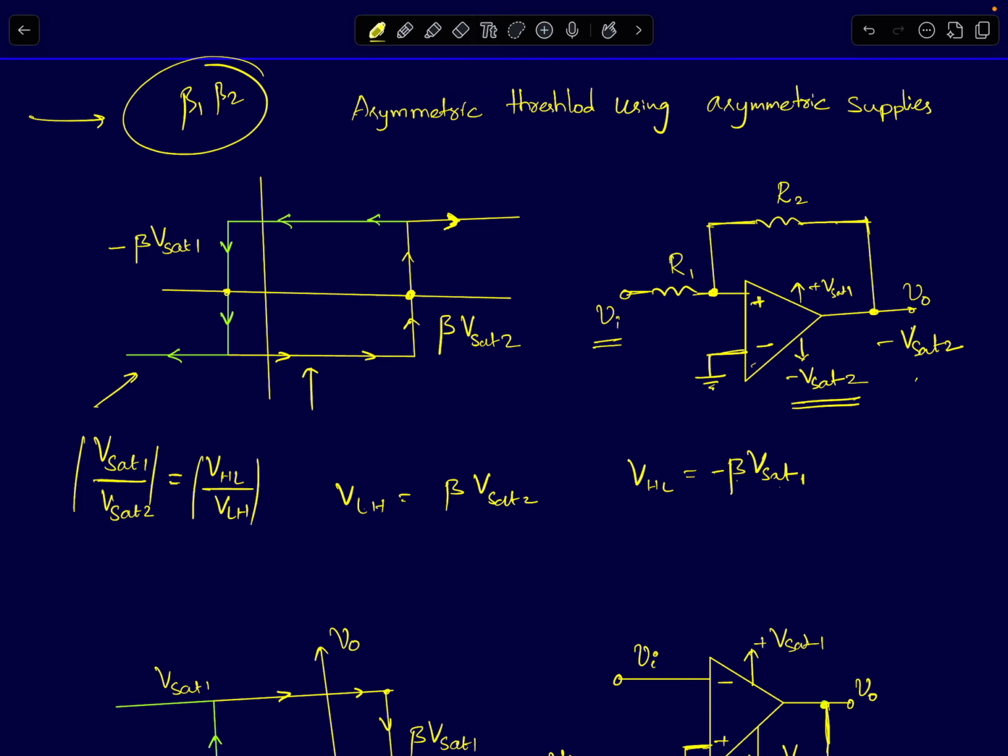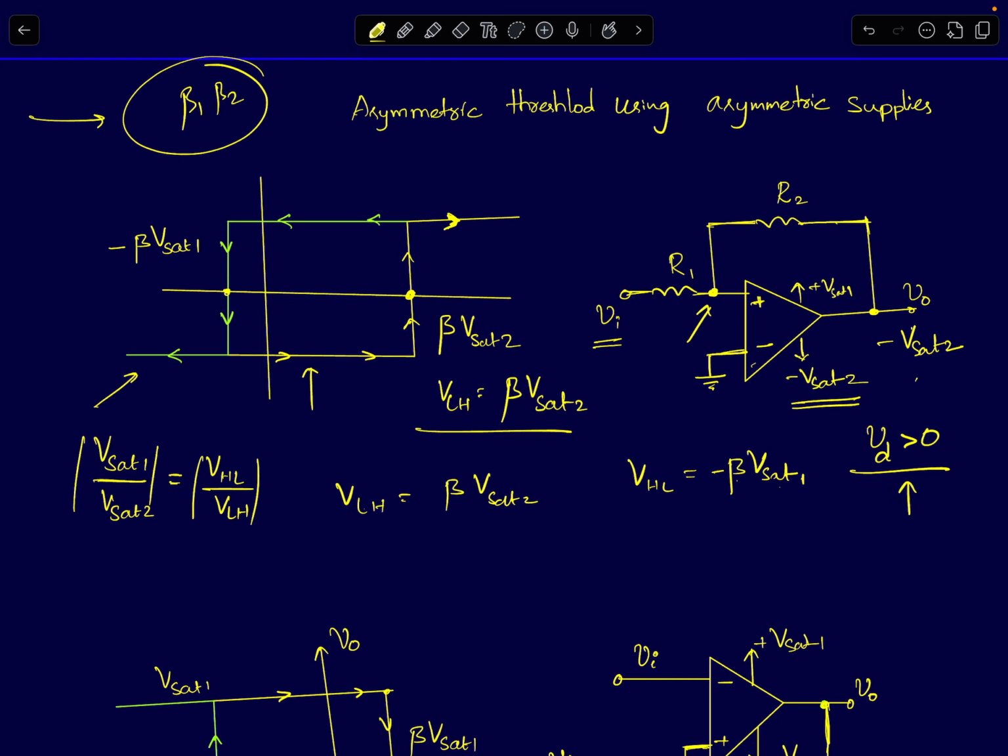The low to high threshold voltage, VLH, will be beta times VSAT 2. I'm not deriving the equations; I'll leave it as an exercise to you. You can just write the KCL at this node and use this condition: when does VD become greater than 0?